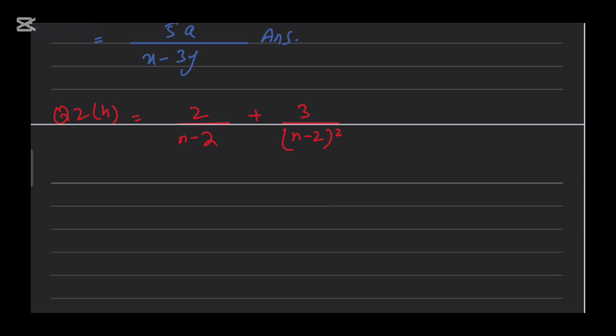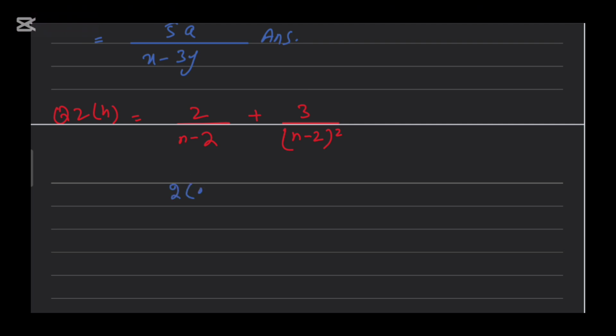Okay, let's start solving. If this is a square, what you have to do is make a square here as well, right? So how will you make the square? You have to multiply with n minus 2 in numerator and denominator.